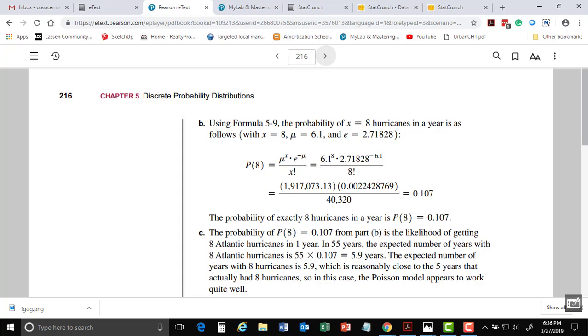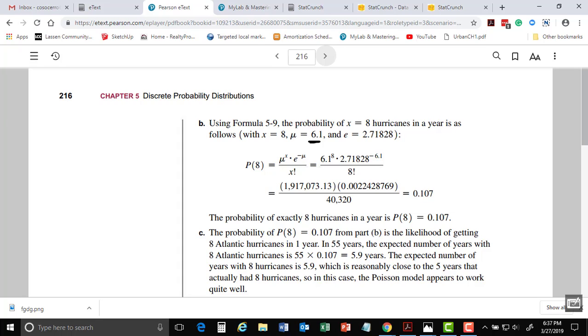And what is this thing? Oh, there's the 2.7, keep going. And guess what mu is? It's raised to the minus mu, and what's this? That's mu raised to the x.